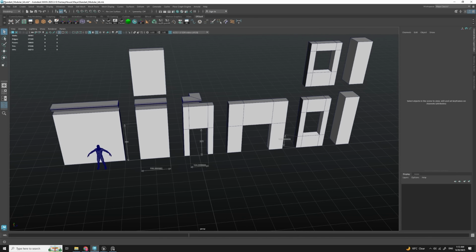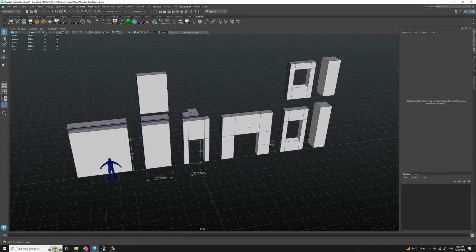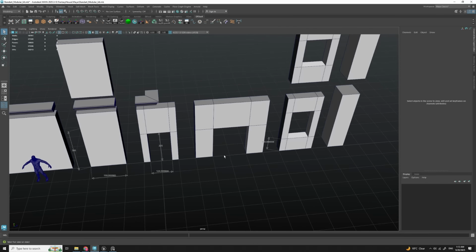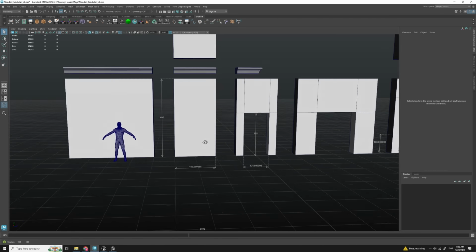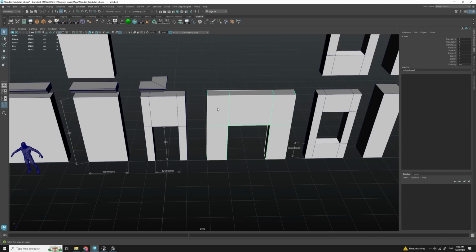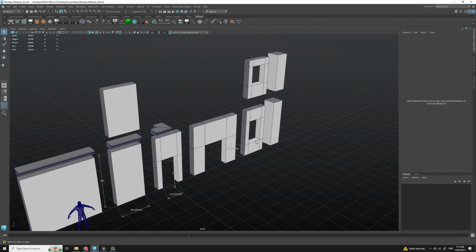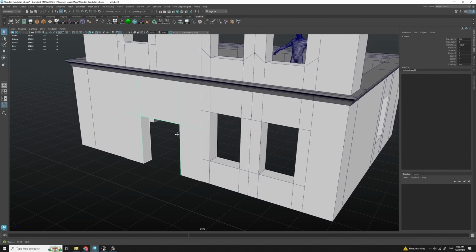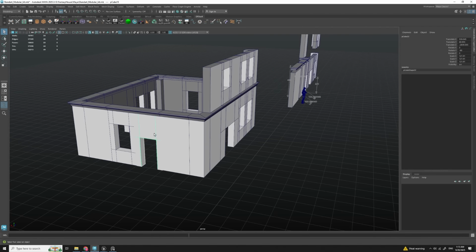Here I have this small standard architecture modular kit I made for this video. When we talk about real production in games where modularity is important for gameplay, such as in parkour or destructible architecture systems or certain others, there may be situations where level design, whose work precedes the work of art, uses a standard modular kit or several such kits.